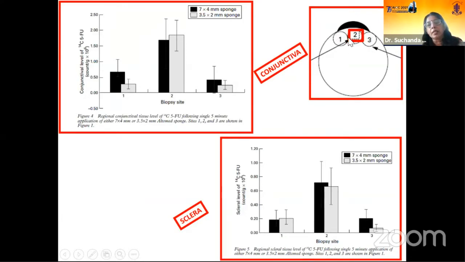So 3 areas were studied from porcine eyes, looking at the scleral and conjunctival levels of the drug after delivery. They used 2 sizes of sponge, 7x4 and 3.5x2, but they showed that in the conjunctiva and in the sclera, there was no significant difference in the drug level in spite of using sponges of different sizes.